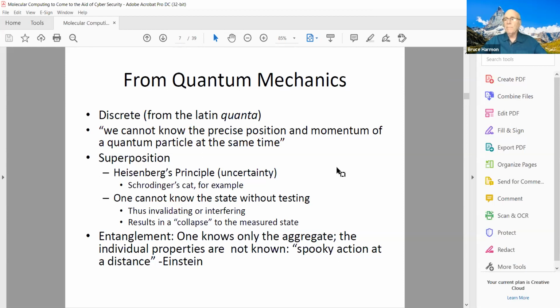So entanglement is an important property too, because if we have two objects that are entangled with one another, then that's a property that can be exploited as well. And Einstein referred to this as spooky action at a distance when he made the following observation.